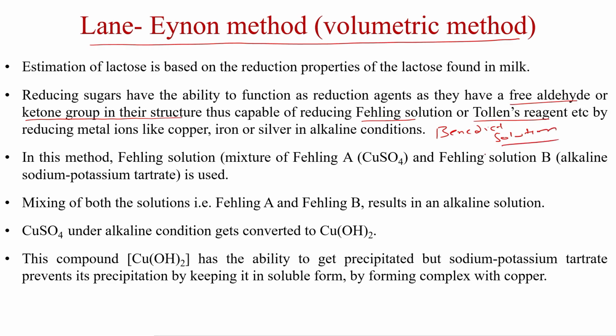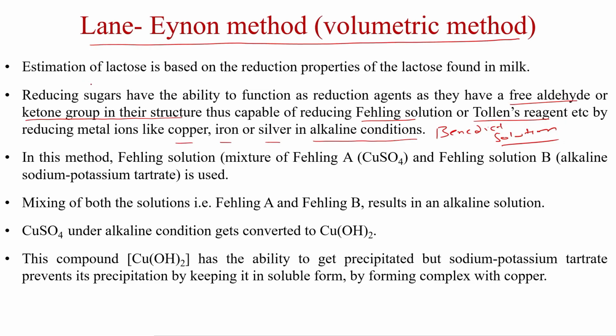In other words, they can reduce metal ions like copper, iron or silver in the alkaline conditions which these solutions contain. This property is utilized to determine the lactose content in milk.